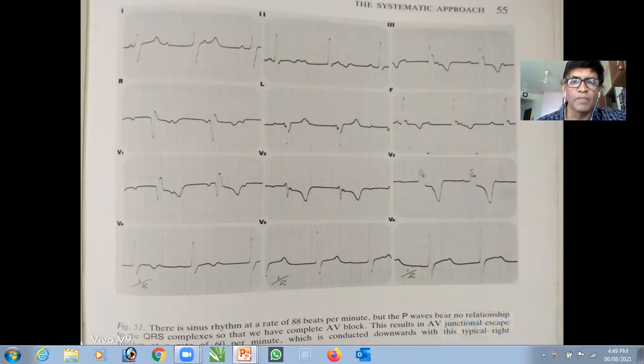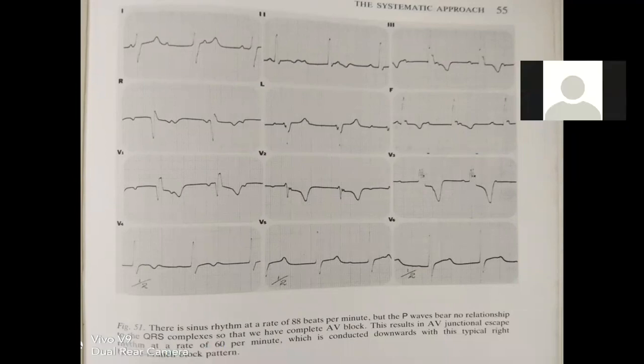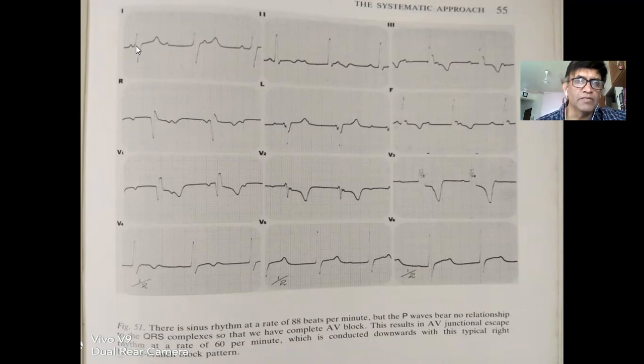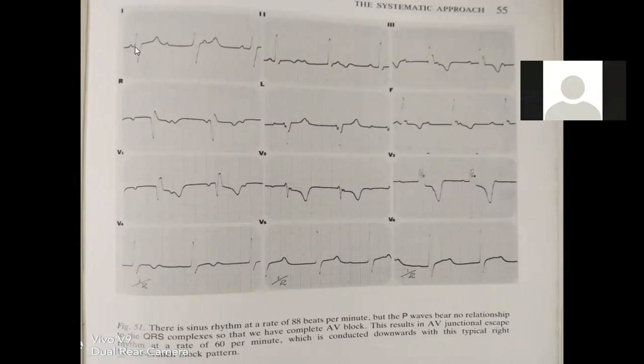Is it visible? Yes, sir. Now, in lead 1, what is R in millimeters? Can you see it on the graph paper? Approximately 6 plus 6. The lines are not very clear.